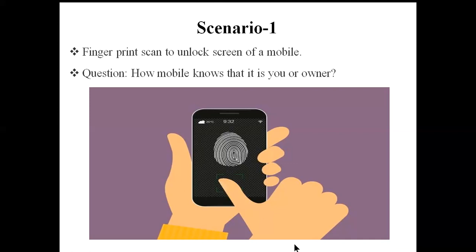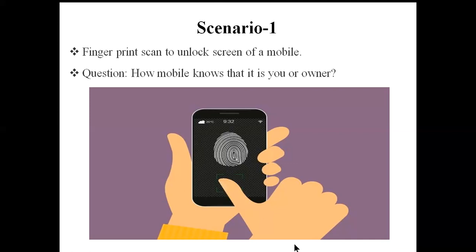Normally, we put our thumb or middle finger or others into the scanner or sensor of the smartphone, and it scans your fingerprint and finds out if the fingerprint is yours or another person's.